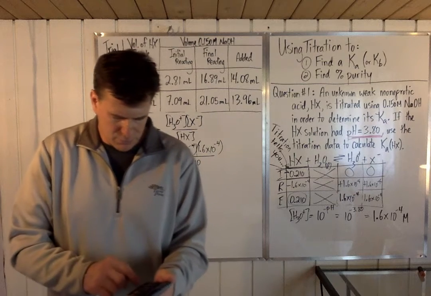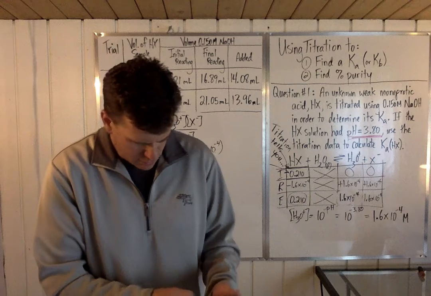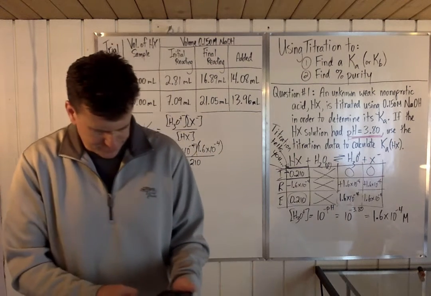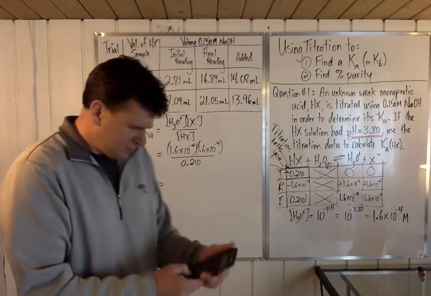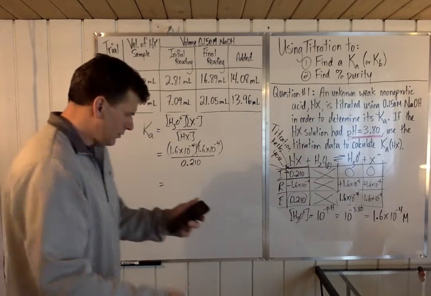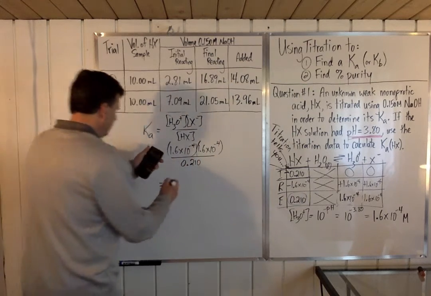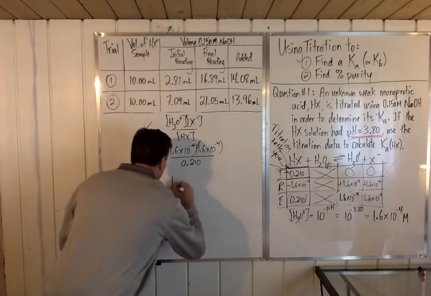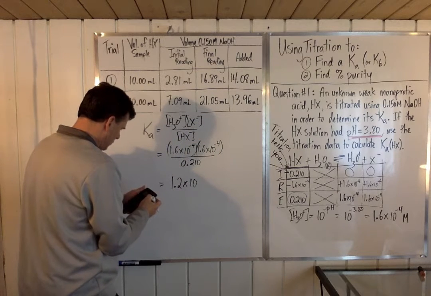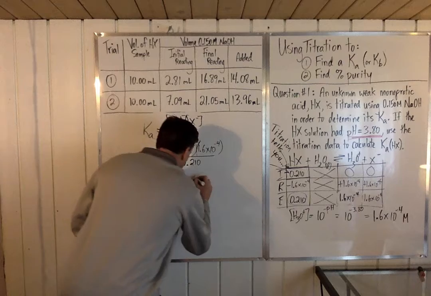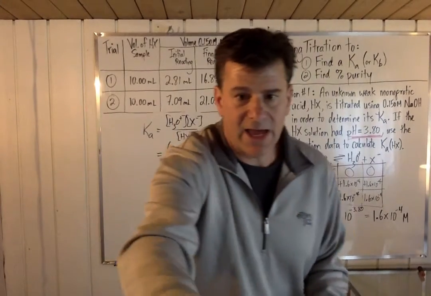So 1.6 times 10 to the negative 4 squared, divided by 0.21 equals, and I get 1.2 times 10 to the negative 7. And there's my value of Ka.